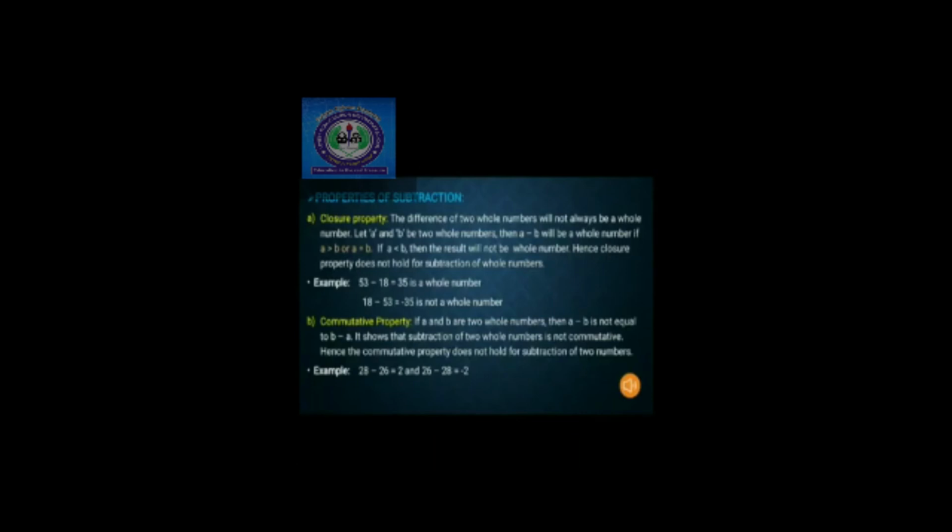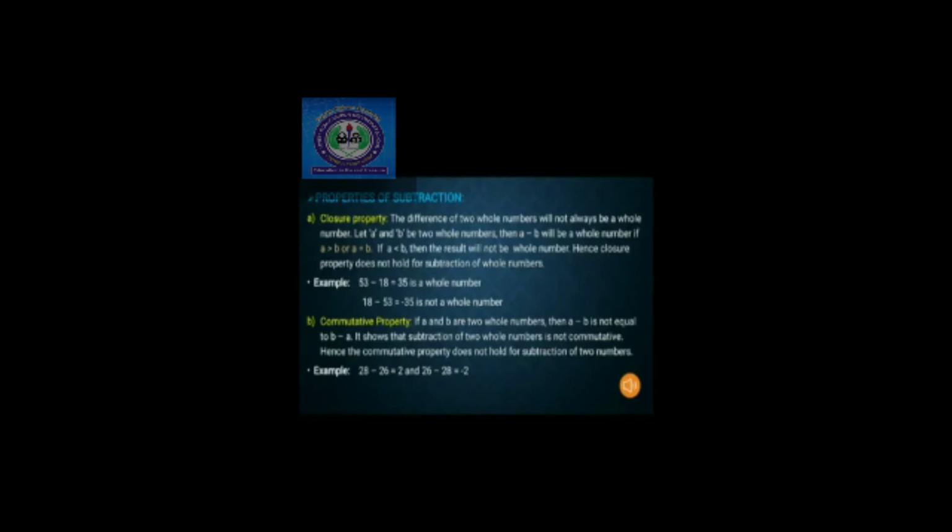Then a minus b will be a whole number if a is greater than b or a equals b. But if a is less than b, then the result will not be a whole number. Hence, closure property does not hold for subtraction of whole numbers. For example, 53 minus 18 equals 35 is a whole number. 18 minus 53 equals minus 35, which is not a whole number.